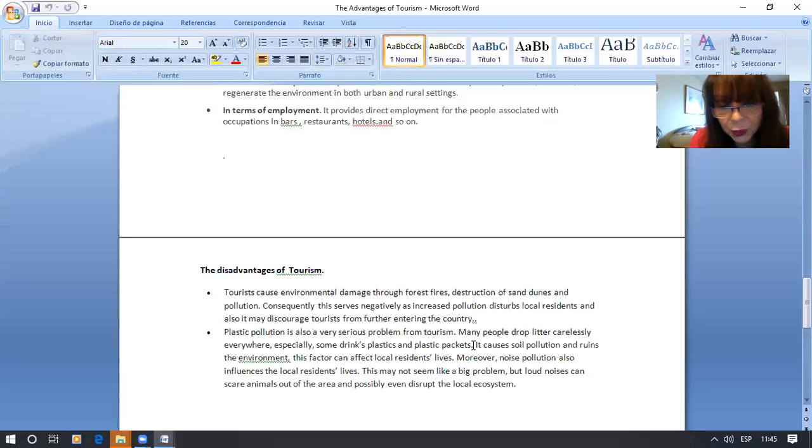Yes, noise pollution may not seem like a big problem, but loud noises can scare animals out of the area and possibly even disrupt the local ecosystem. So this is not good because the noise causes terrible and serious problems to animals, right? Because they feel really scared about that noise. So that's why this is not good, especially for the ecosystem, right?